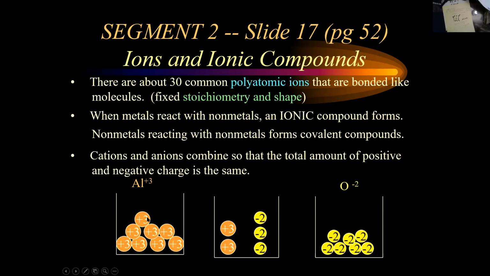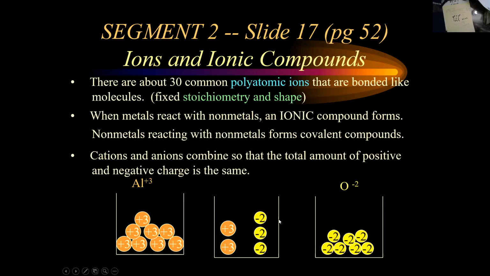Now, I want you to be very careful, because if I had, for example, an ion over here that was 4, and an ion over here that was 2, I could take one of the 4 ions and 2 of the other ions, and I could get a neutral compound like that. But what if I had +2 and +2?